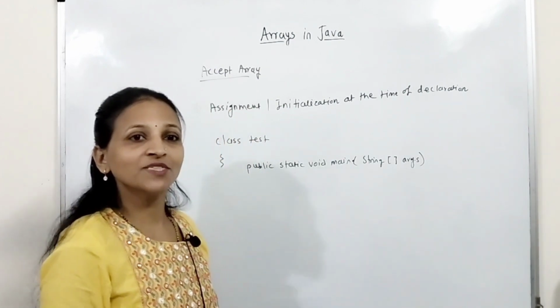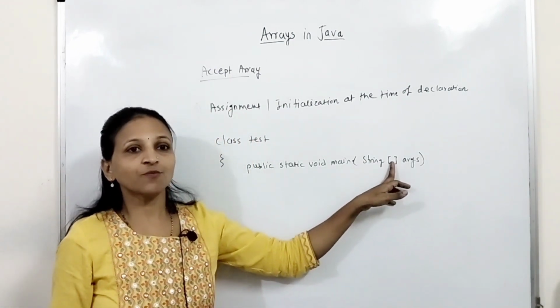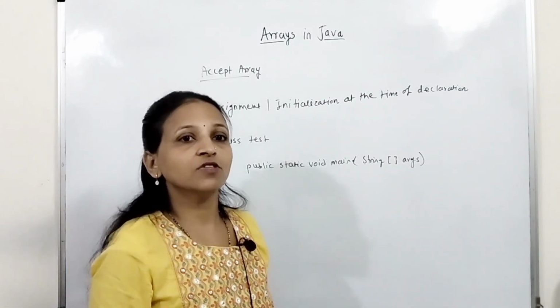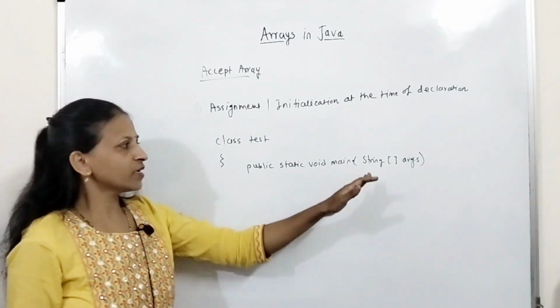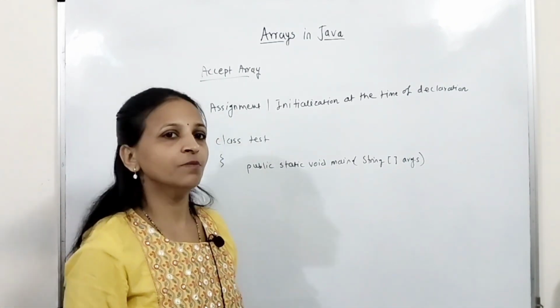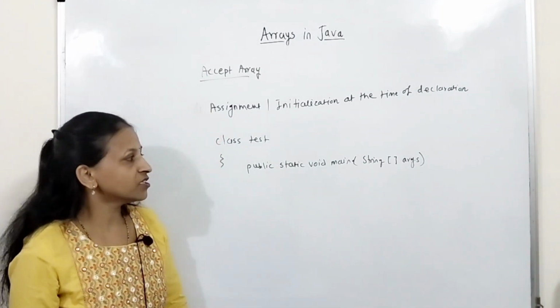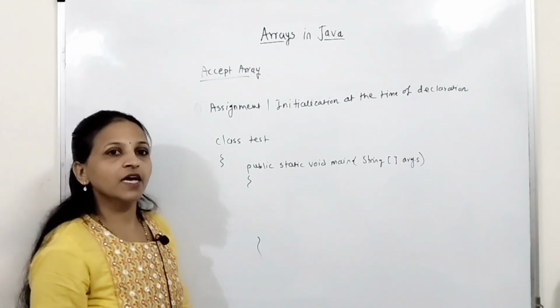It is of type String, but here we are not mentioning the size. Using the length property we can check the size of that args array. But don't worry about that, that is the command line argument part that I am going to explain after some time.